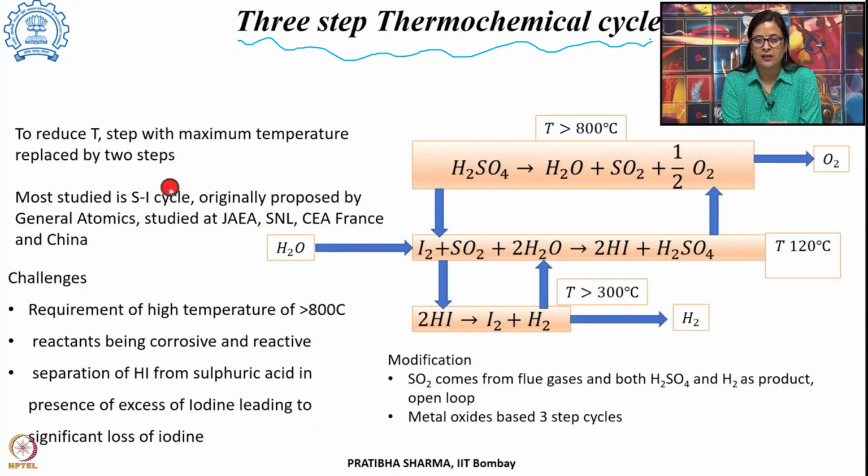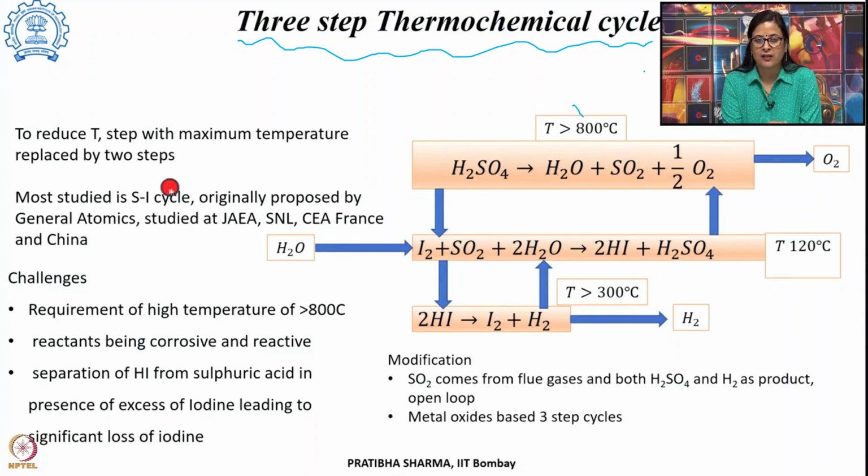To reduce the operating temperature, because we always want water splitting at lower temperature. Earlier the two-step process was at 1825 Kelvin, around 1900 Kelvin, but here in the three-step process the temperature was reduced to around 800 degrees centigrade.